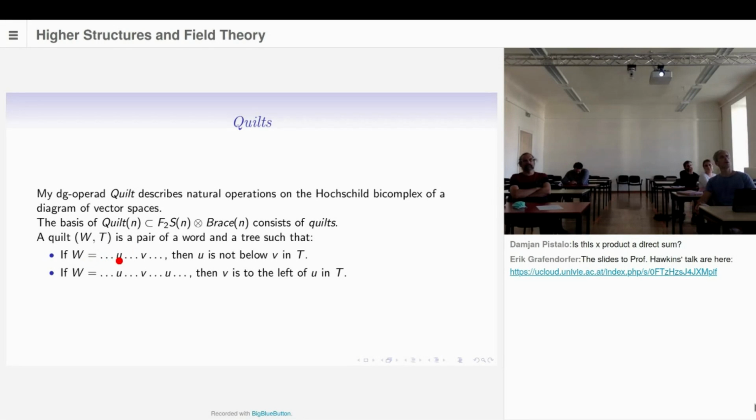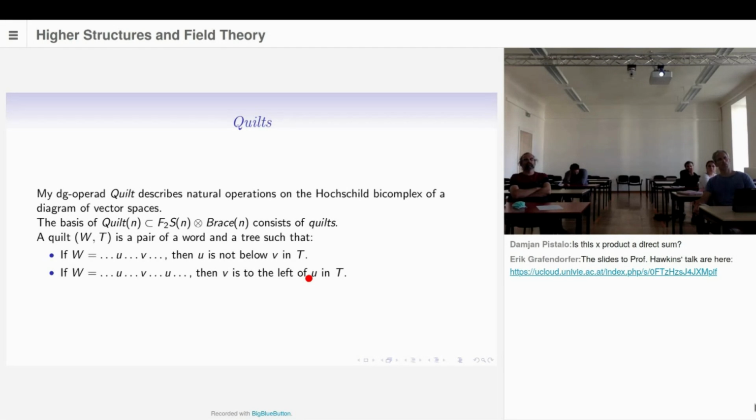There are 2 compatibility conditions. If in the word u occurs before v, then in the tree u is not below v. It's either above it or to the side of it. And if in the word there is a u, and sometime after that a v, and sometime after that another u, then v must be to the left of u in the tree.